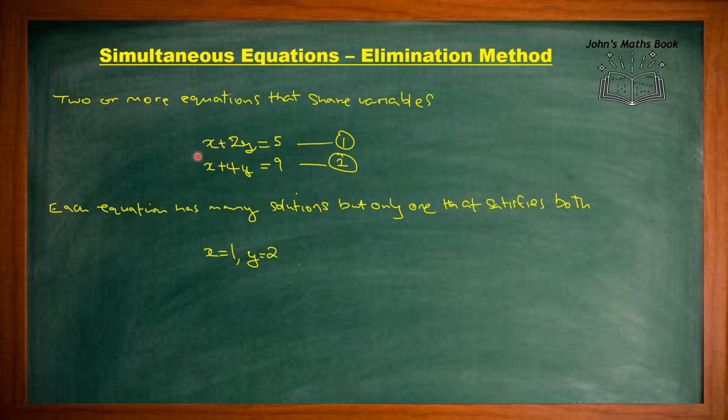An example of a pair of simultaneous equations are x plus 2y is equal to 5, that's equation 1, and x plus 4y is equal to 9. Each equation has many solutions, but only one that satisfies both. In this case, the solution that satisfies both will be x equals 1 and y equals 2.